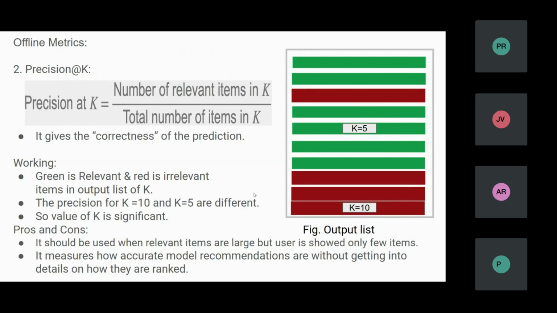In offline metrics, the second metric is precision at k, where k is the value or the cutoff that we decide to calculate our list on. You can consider that k is the number of items in the list.